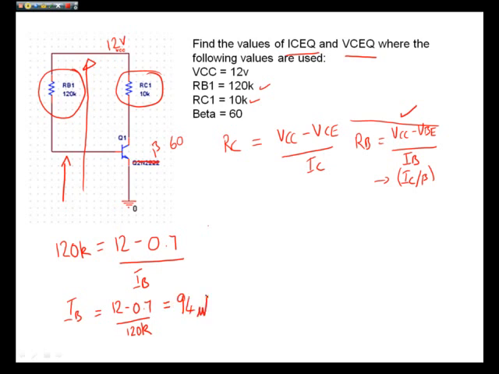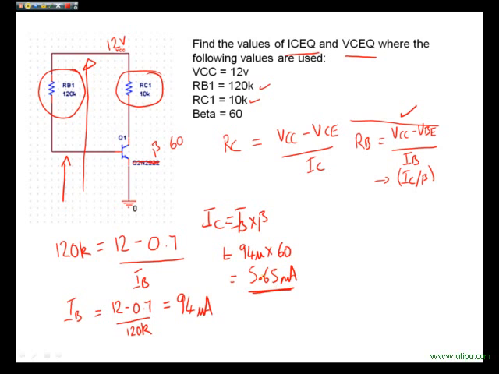94 microamps. We should now just calculate IC equals IB times beta, which should give us, in this case, 94 microamps times 60 equals our value of collector current, 5.65 milliamps.